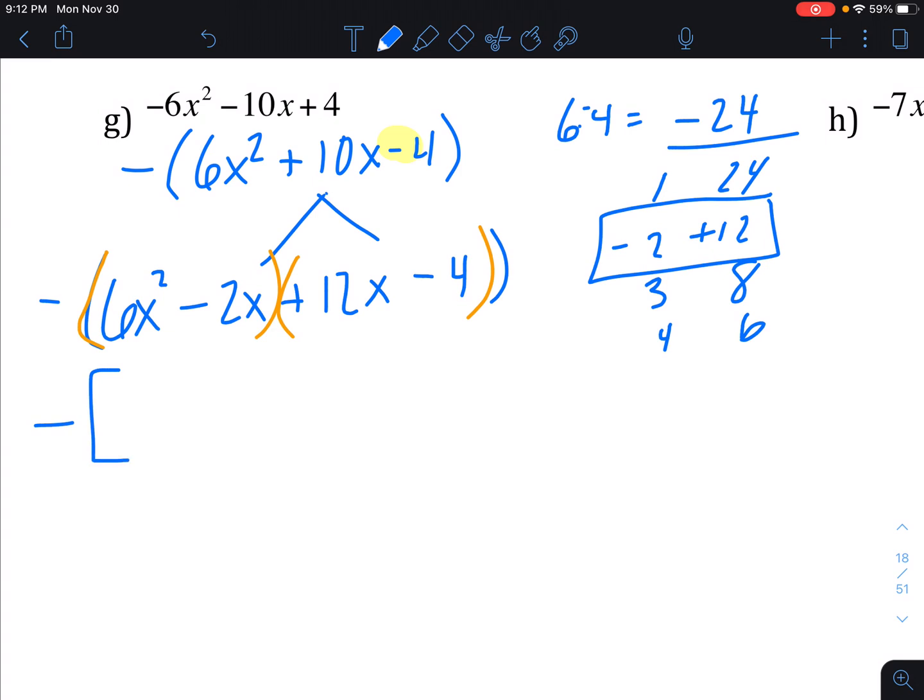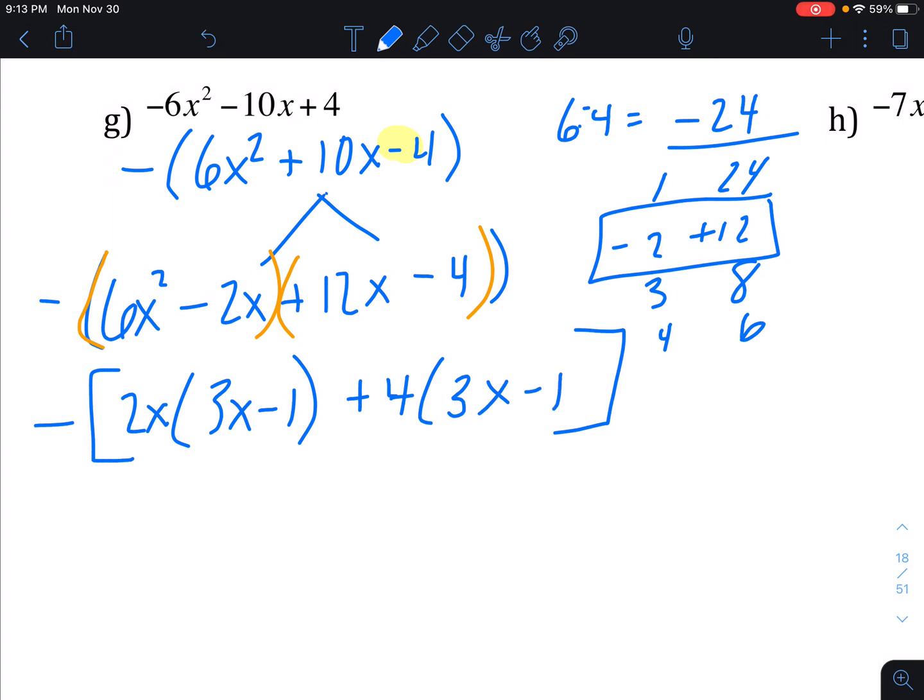Let's go to brackets so that, because of that negative, we don't make it confusing on you guys. So GCF of the first group is 2x. Then divide by 2x to have 3x minus 1. Then the second group, the GCF is 4, so put plus 4. And then divide by 4 to have 3x minus 1.